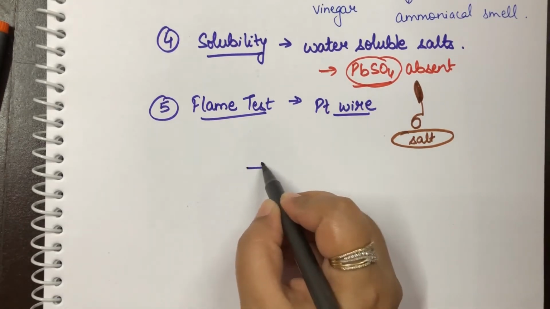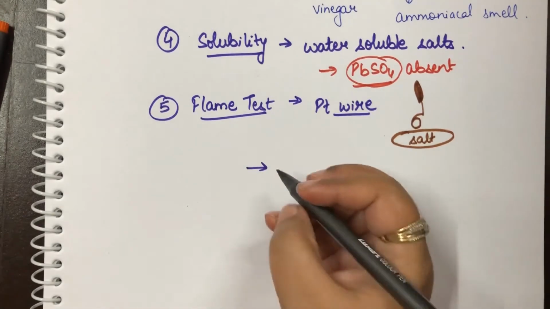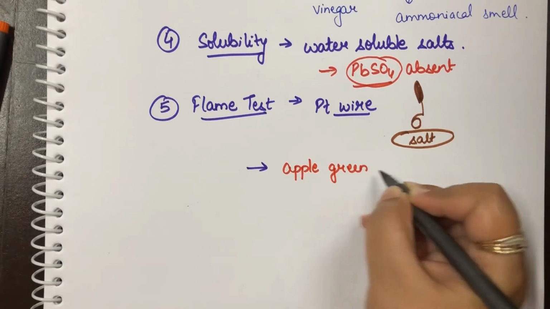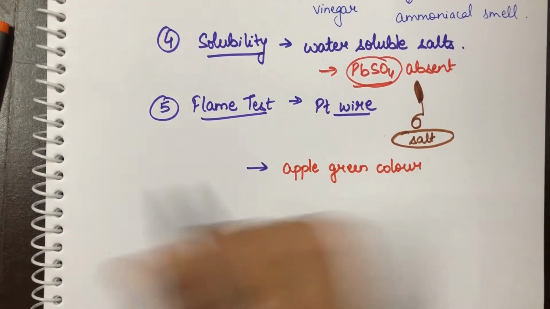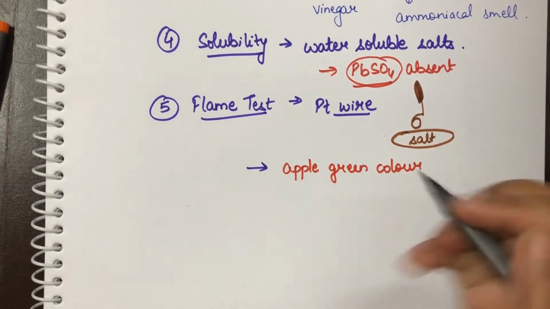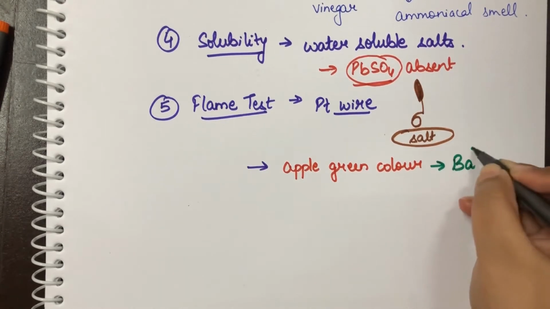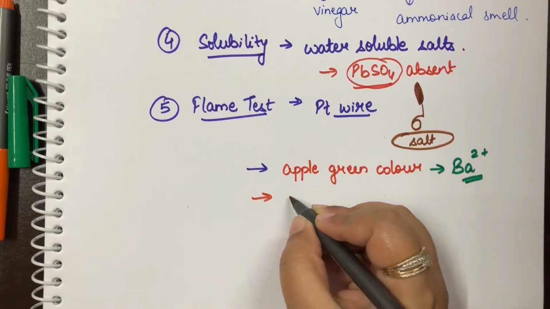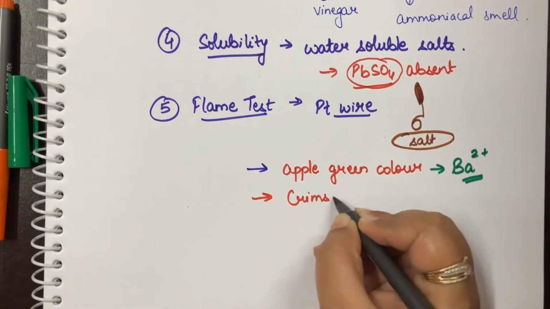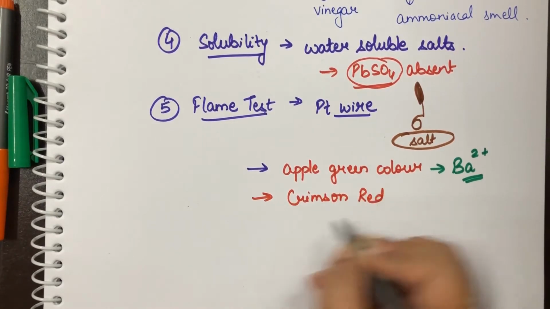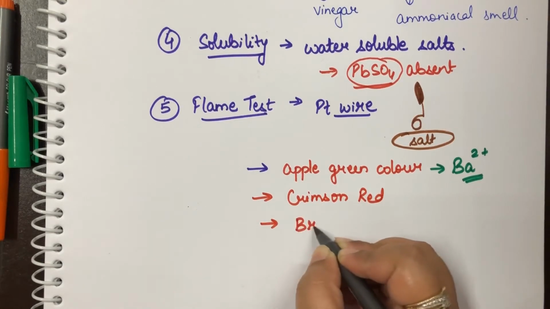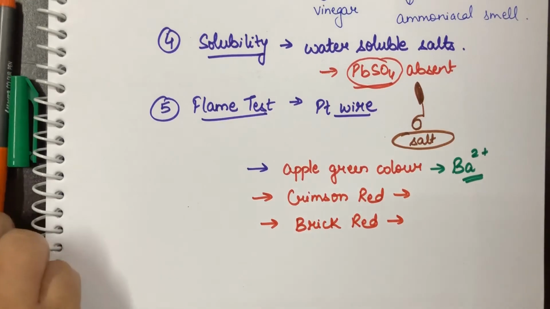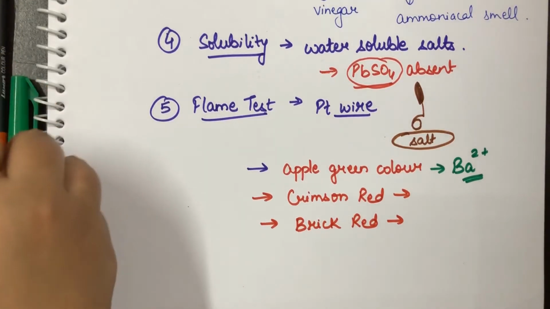But just for the chance, if you get to see, let's say, apple green color in the flame, this apple green color means that barium as a cation might be present. And if you see crimson red, or you see brick red, every color corresponds to a different cation when you're talking about the cation analysis.